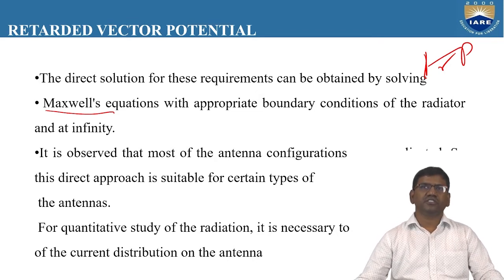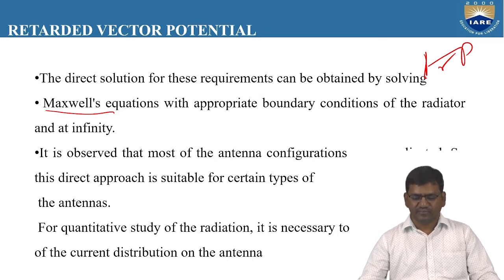It is observed that most of the antenna configurations are complicated, so this direct approach is suitable for certain types of antennas only. That means these Maxwell's equations and the boundary conditions are applicable only to some types of antennas. For quantitative study of the radiation, for a detailed analysis, it is necessary to have the knowledge of the current distribution of the antenna.